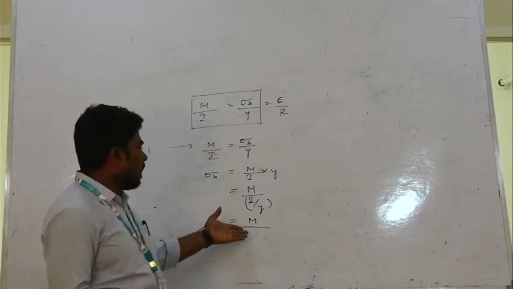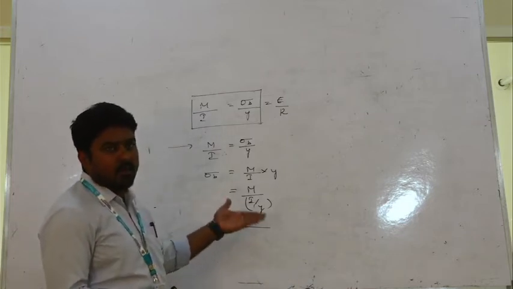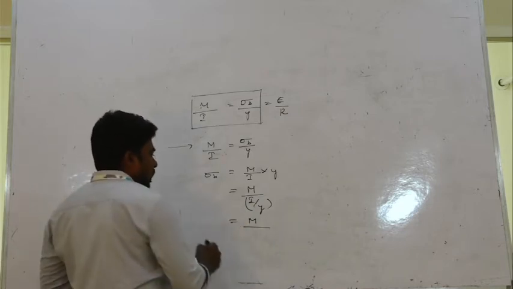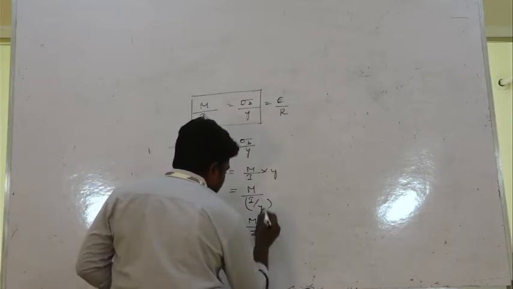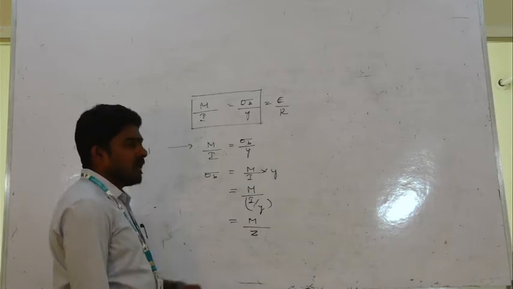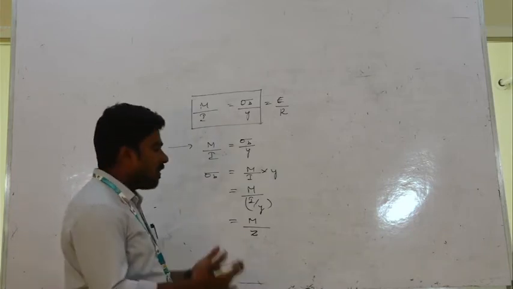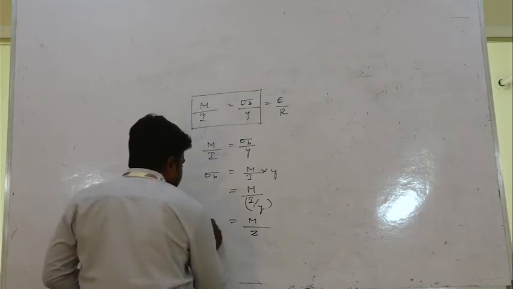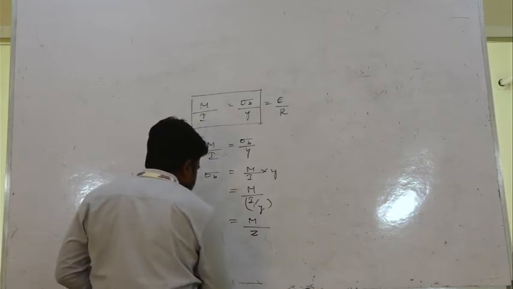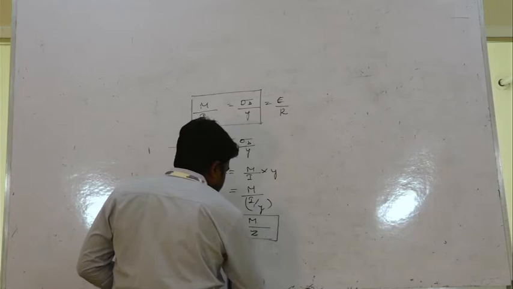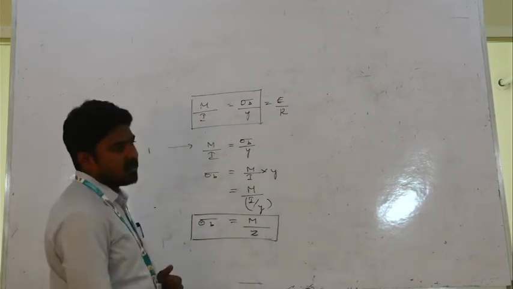So I by y means Z, that means section modulus or modulus of section. So simply, bending stresses are obtained like this.